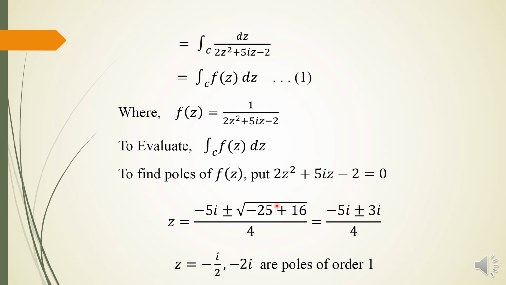Giving the values of a, b and c, we get z as (minus 5i plus or minus 3i) divided by 4. Then we split this as (minus 5i plus 3i) divided by 4 and (minus 5i minus 3i) divided by 4. So, we get z as minus i by 2 and minus 2i. These are the poles of order 1.